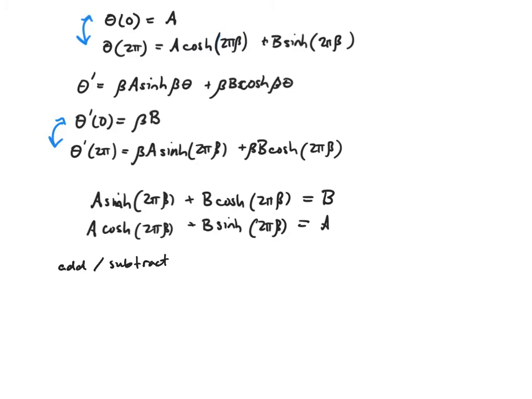After some cancellation, there's A plus B's and A minus B's that can get divided out, but what you end up with is a statement to the effect of cosh 2 pi beta plus sinh 2 pi beta is equal to 1, and then cosh 2 pi beta minus sinh 2 pi beta, from the subtraction of the two equations, is also equal to 1.